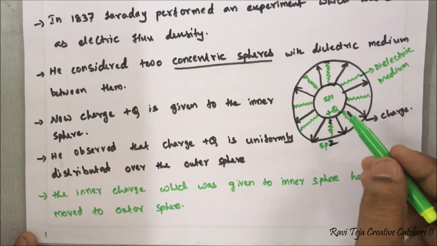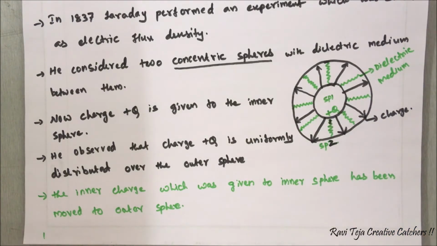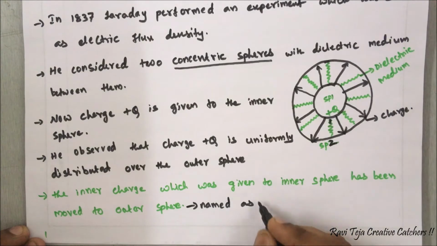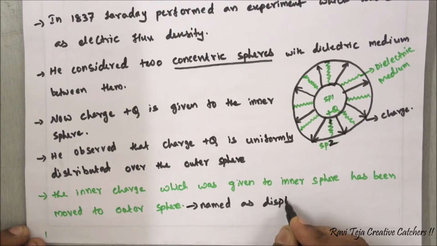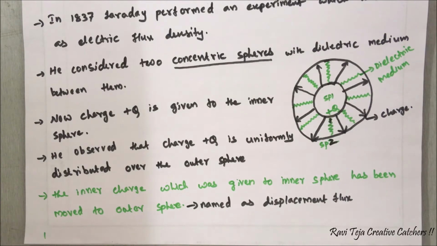This moving of charge from the inner sphere to the outer sphere is named displacement flux, where displacement is nothing but a movement towards the shortest place. We can consider it as a displacement.